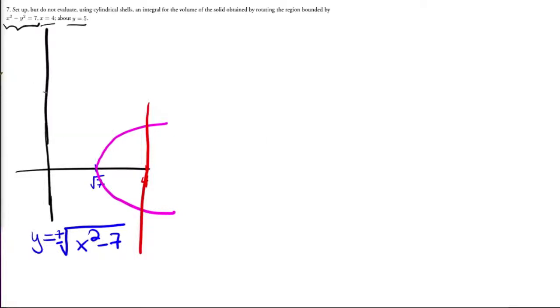So let's say this is 5. And so we're going to be rotating this guy. So let me draw the mirror image here. So I'm going to have something that looks like that.